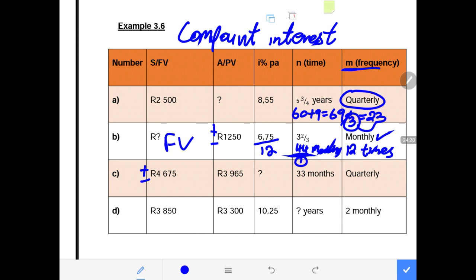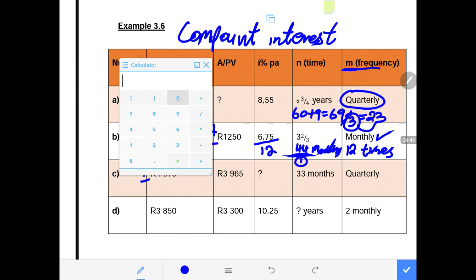Please make sure that it is only the future value that has the sign of plus or minus, which in this case is the 4,675. Present value 3,965. There is our present value. There was our future value. Interest is what we are looking for.